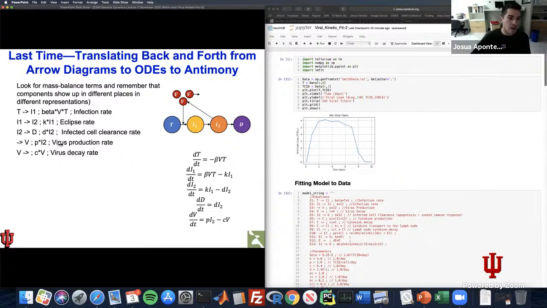And then this infected cell clearance might represent multiple different mechanisms. In particular, it can sometimes represent cell death due to viral production, cells sensing viral production and then inducing apoptosis and dying.